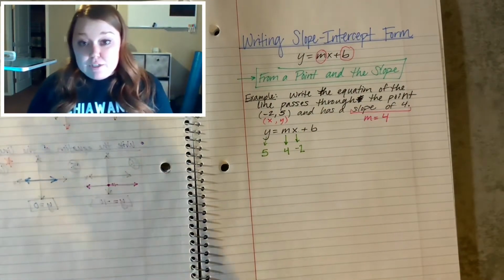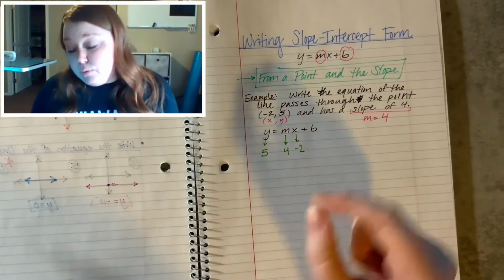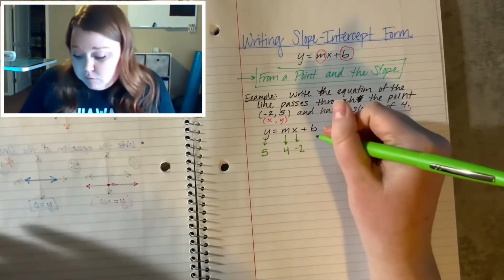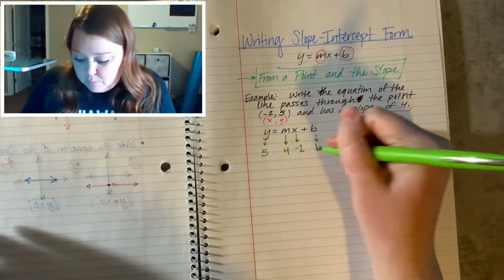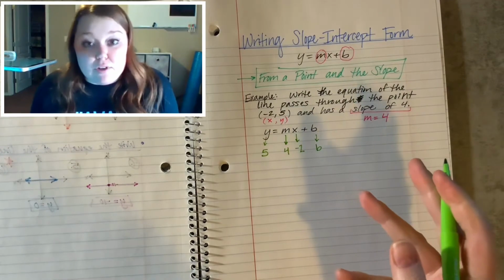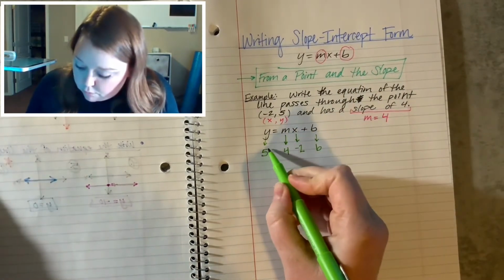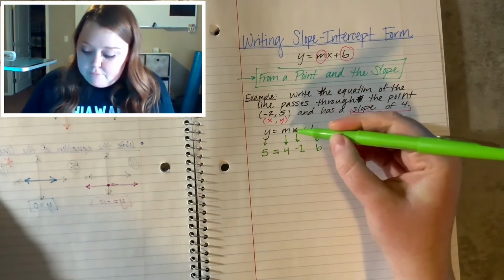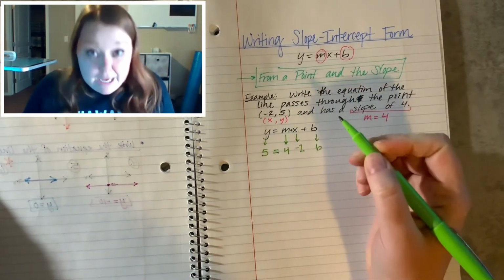What that means is the only thing I don't know is the b value. So I don't know what b is, so I'm just going to drop down b. Now let's set up an equation because we know how to solve equations. So here we go. 5 equals m times x.